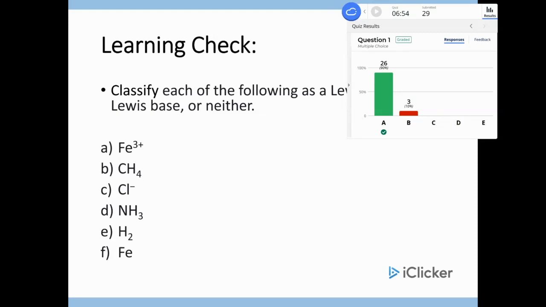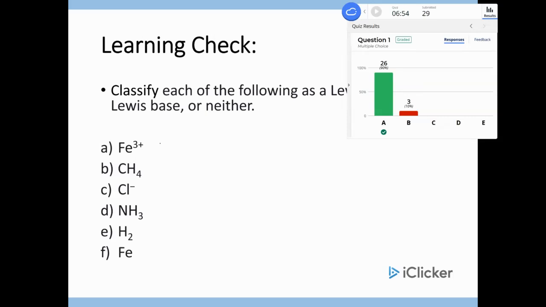Okay, question 1, pretty good. So question 1, we have iron with a 3+ charge. That means it has lost 3 electrons. If it has already lost 3 from neutral iron, it's not going to give away any more, most likely. It also, as a metal, probably won't create a covalent bond, which is what a Lewis base will do.